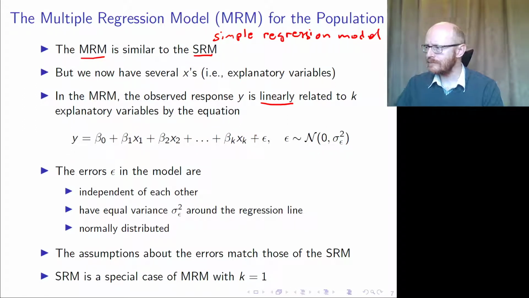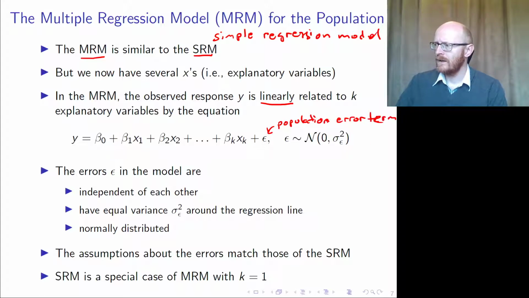So this is the population error term, which is normally distributed with mean 0 and variance sigma epsilon squared.